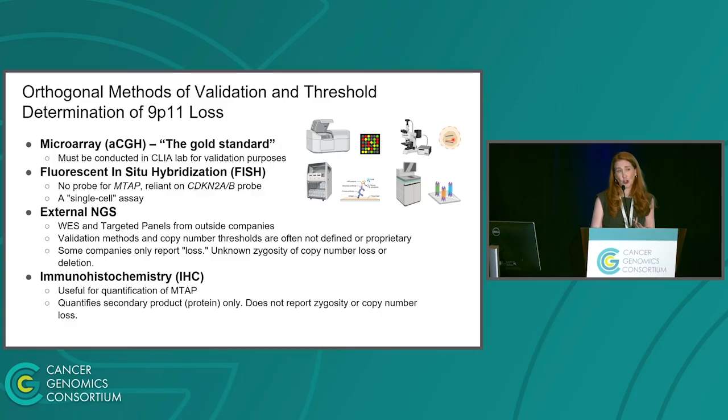We weren't exactly sure on some of these, but we did have those available for some of our patients. And then immunohistochemistry, which is useful for the quantification of MTAP, but it only quantifies the secondary product, which is protein, and of course we don't know zygosity or copy number loss with IHC.